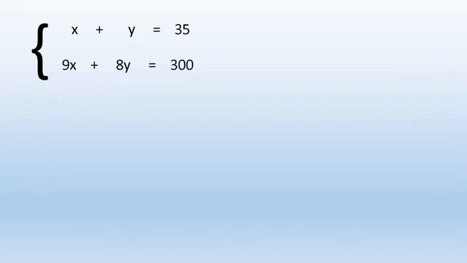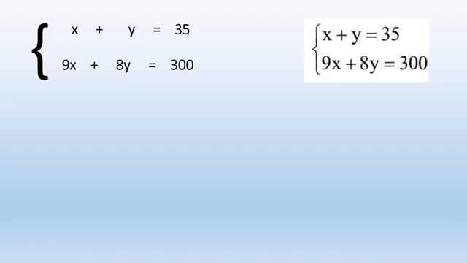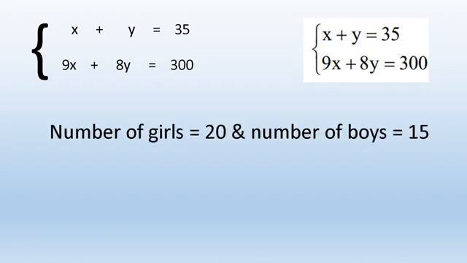Now we can see that our system, made of the first equation x plus y equals 35 and the second equation 9x plus 8y equals 300, is identical to the given system in the first part of the question. So x was 20 and y equals 15, so we can deduce that the number of girls is 20 and the number of boys is 15, and we are done.